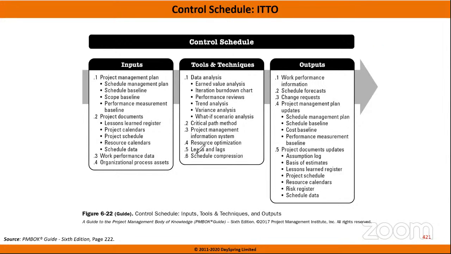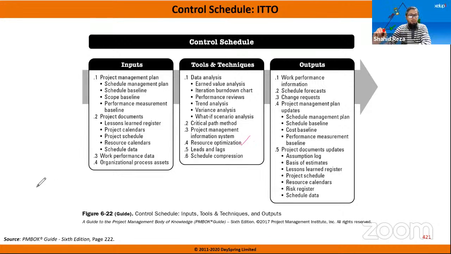Again, you can use resource optimization techniques. For example, you planned to complete the project within 4 months, but in the middle of the project, 2 months have passed and you see that only 20% of the work is done. So what do you need to do? You have to finish this work within 2 months. Maybe you have to use crashing or fast tracking again.